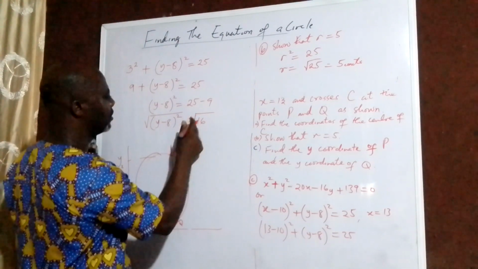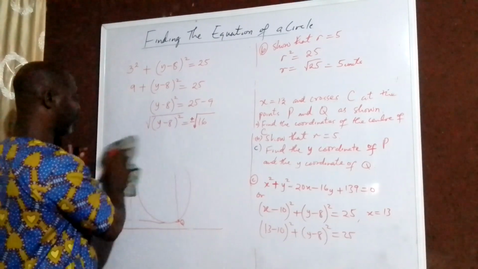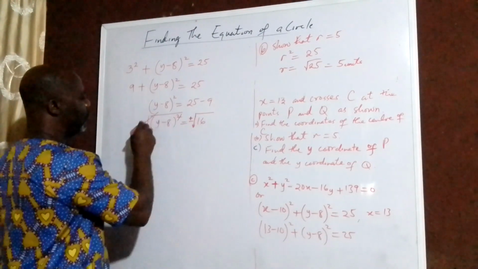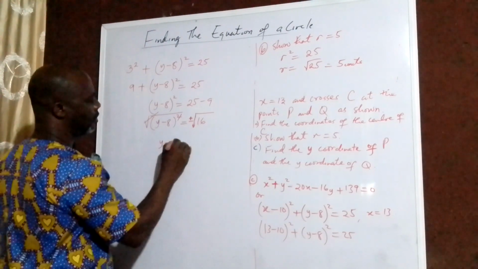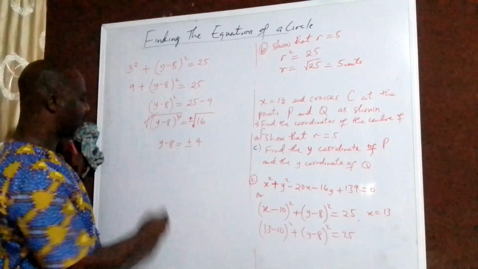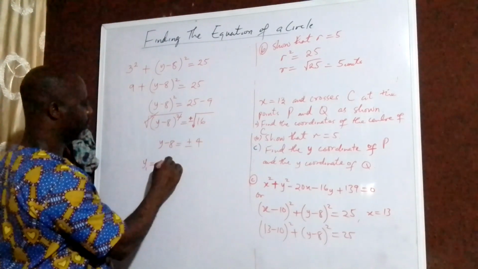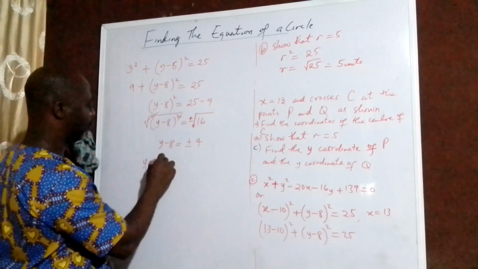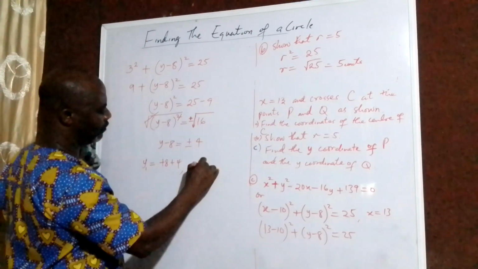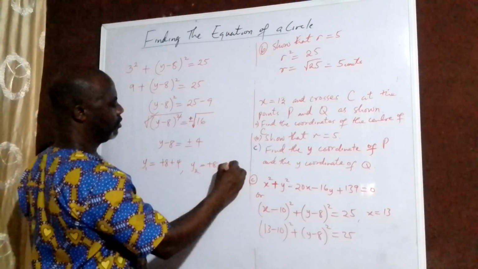For the fact that we are looking for two separate values, let me just erase that. So we have y minus 8 equal to plus or minus 4. So it means that y1 will give us 8 plus 4, and then y2 will give us 8 minus 4.